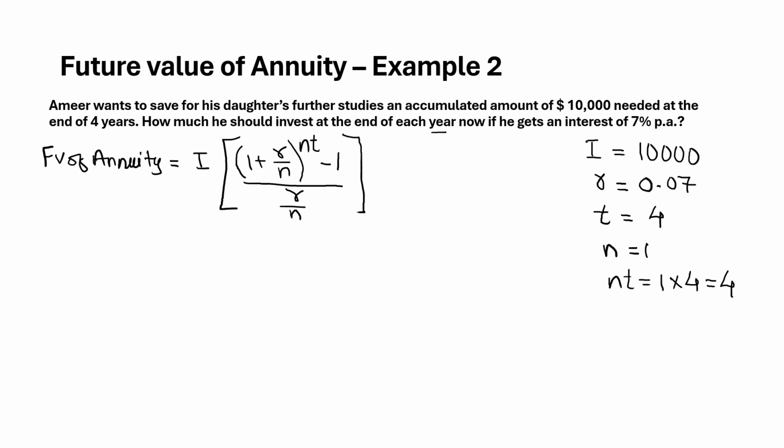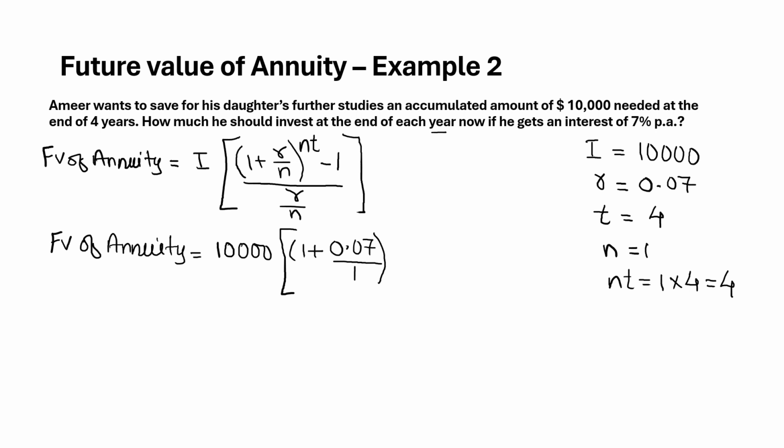Now we will substitute these values. So my future value of annuity is equal to, what is my I? My I is 10,000. Okay, bracket 1 plus, what is the rate of interest? 0.07 divided by N. N is 1.